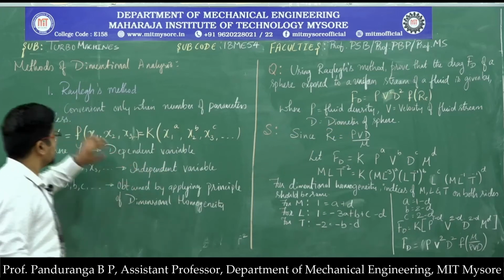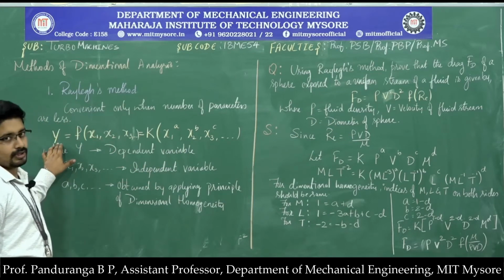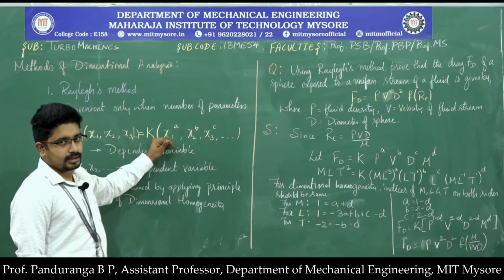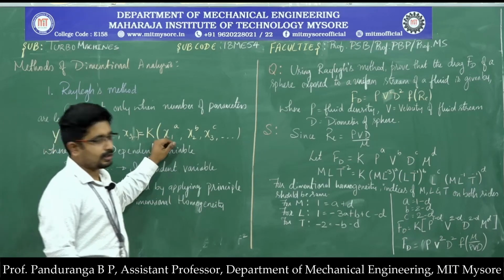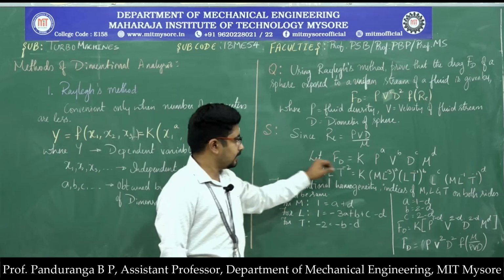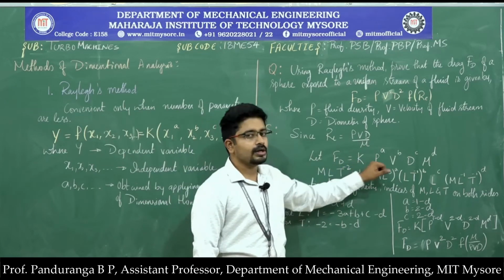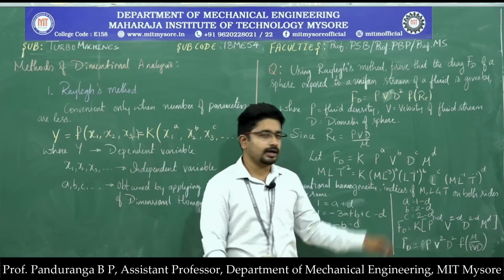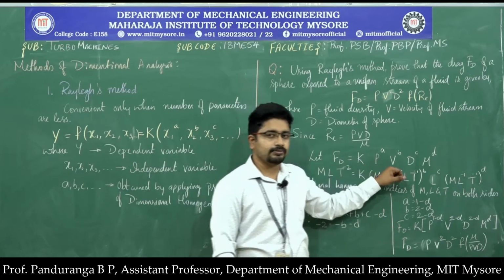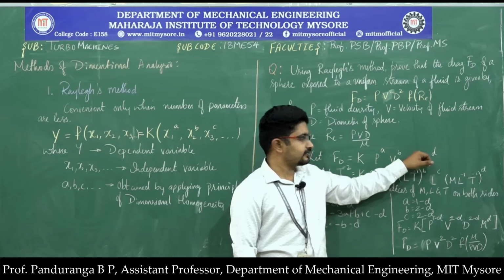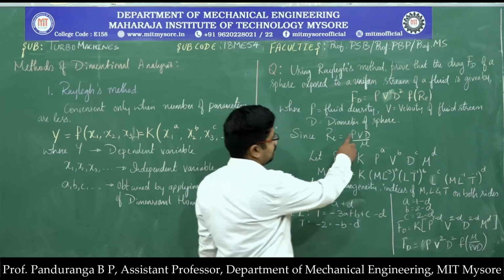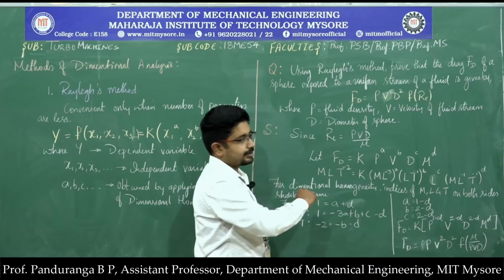Now I will write the dependent variable as k into the function's independent variables. So Fd will be equal to k into rho to the power of a, v to the power of b, d to the power of c, and mu to the power of d, because these are the parameters which are present here.